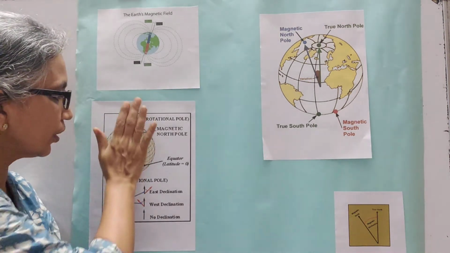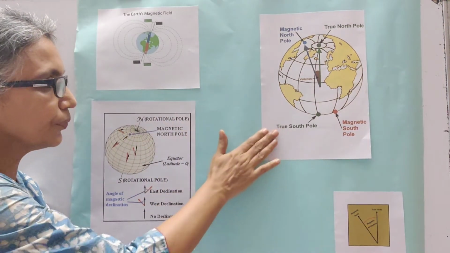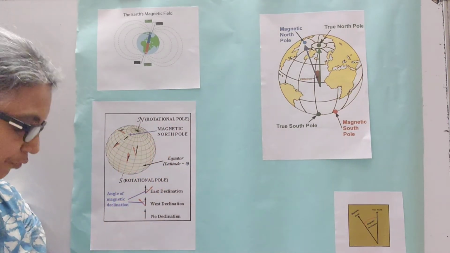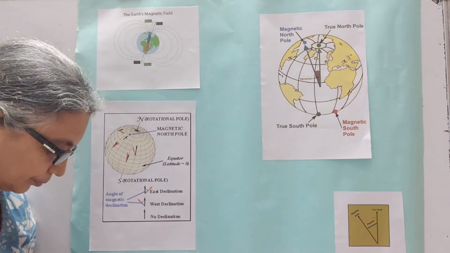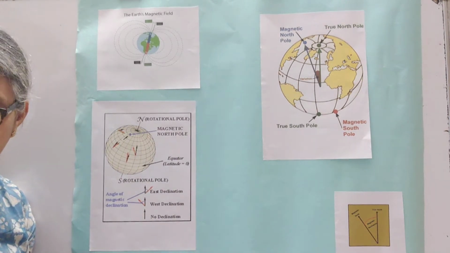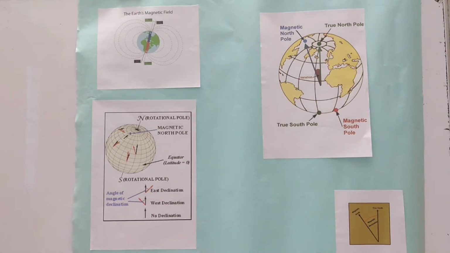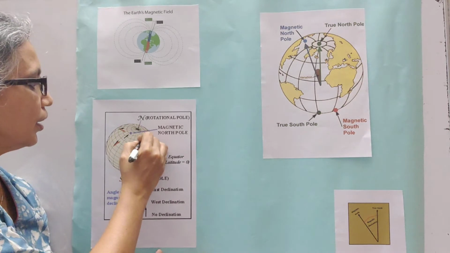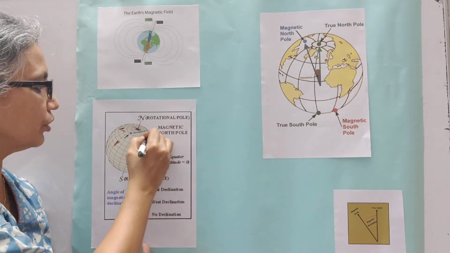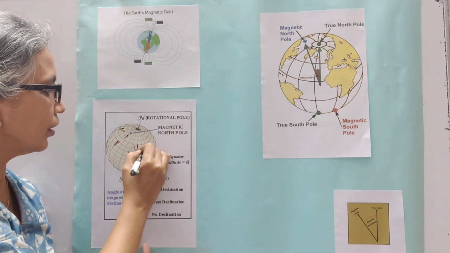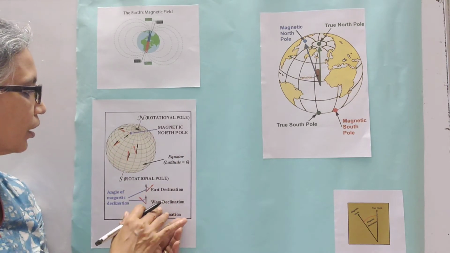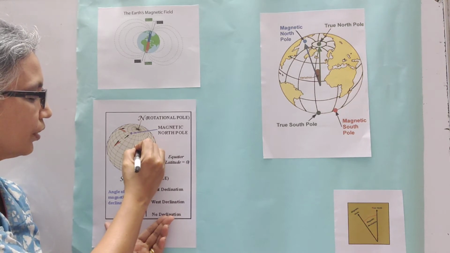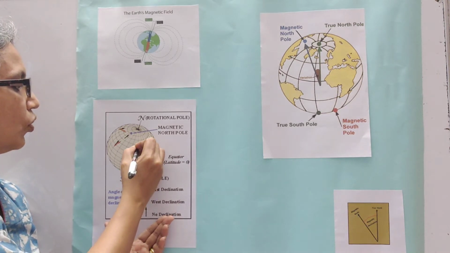Now, if you look at this diagram here, you will see that they have shown the earth here. These lines are called the longitudes and these are called the latitudes. Now, if you look at this black line here, this black arrow that's given, it is the line along the longitude.